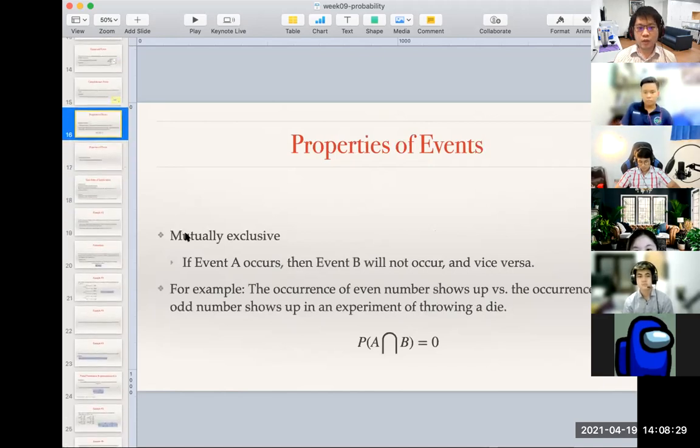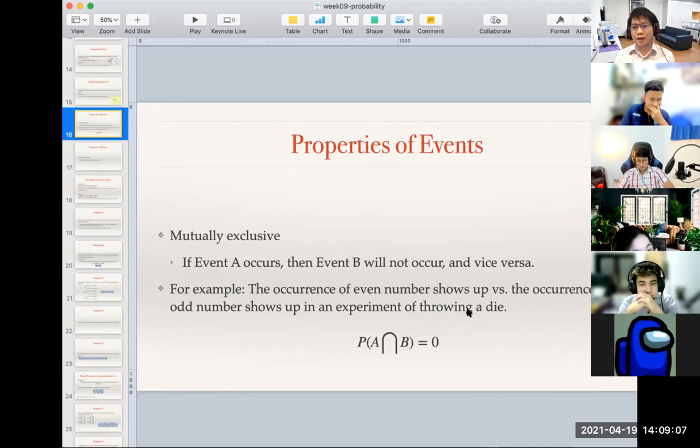So the first property is the mutually exclusive property. What does it mean? It means if event A occurs, then event B will not occur, and vice versa. For example, the occurrence of an even number versus the occurrence of an odd number in an experiment of throwing a die.